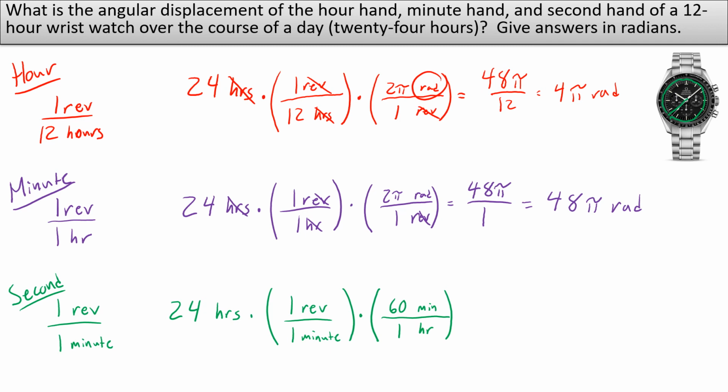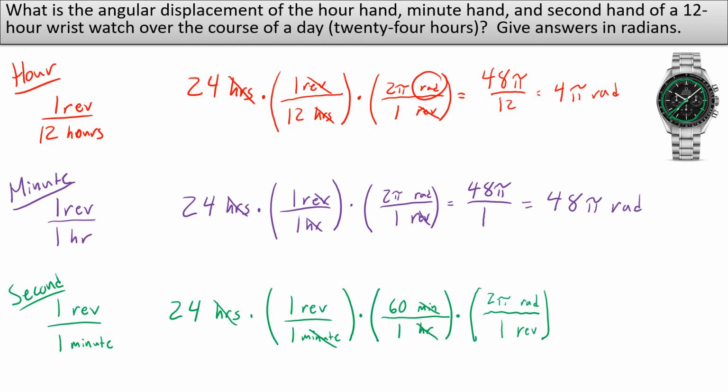So let's see what we're doing here. So far, the hours will cancel out with these hours because they're on opposite sides of the fraction. And the minutes will cancel out with the minutes, but we still are in terms of revolutions. So we have to cancel out those revolutions and make them radians instead. So 1 revolution is equivalent to 2 pi radians.